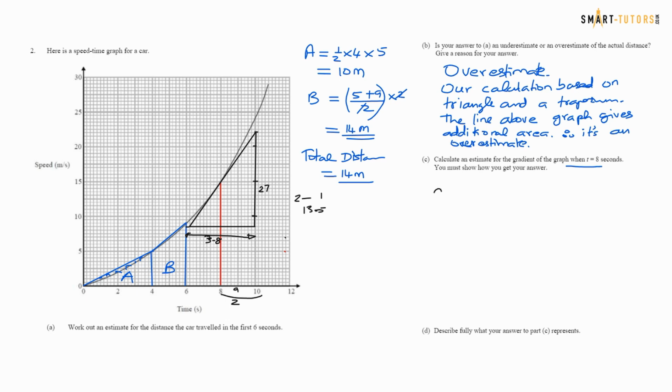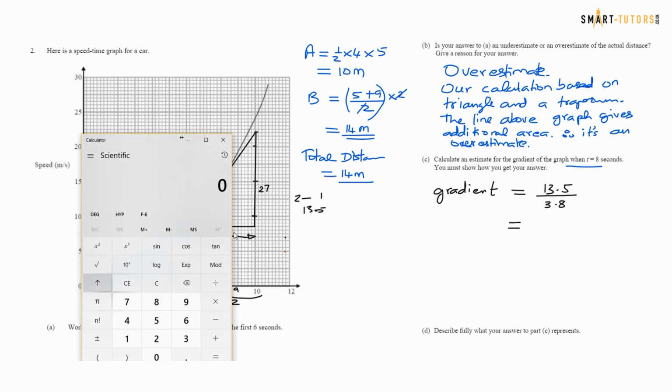So the gradient is 13.5 divided by 3.8. So we need to use a calculator. 13.5 divided by 3.8.